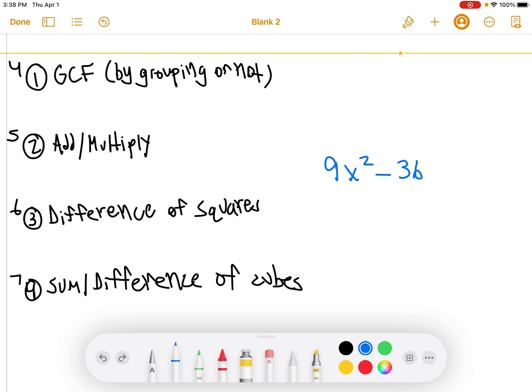It's kind of hard to explain, but I'll explain it more in lesson 5. So when you do that, once you take the square root of both numbers that you see, you make one with a plus, and one with a minus. And once again, we'll go over that more.